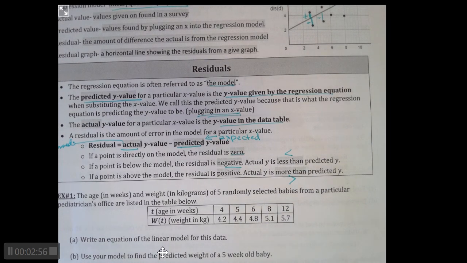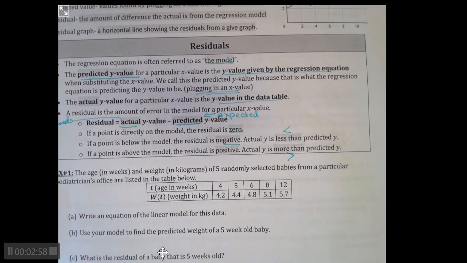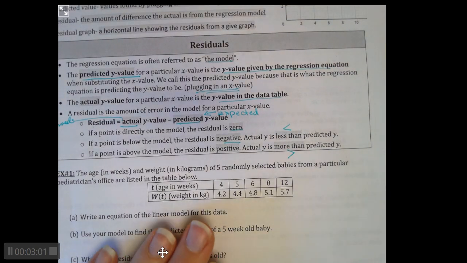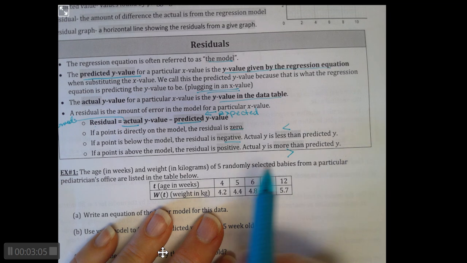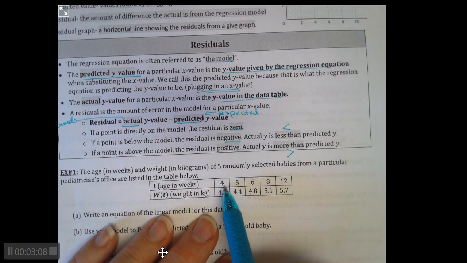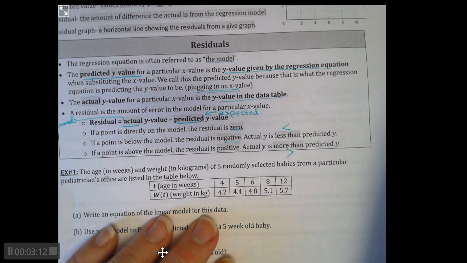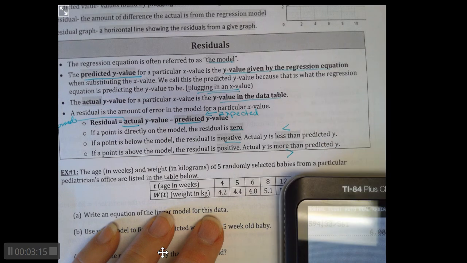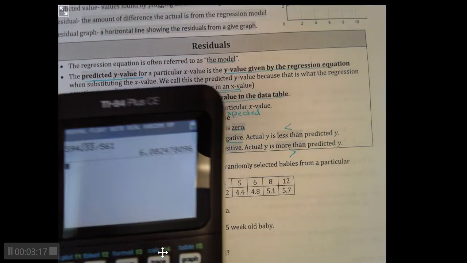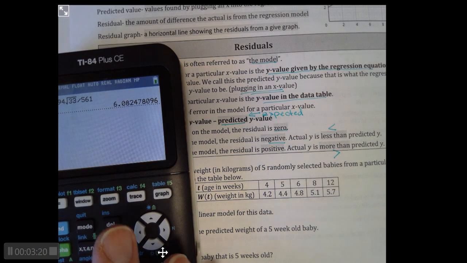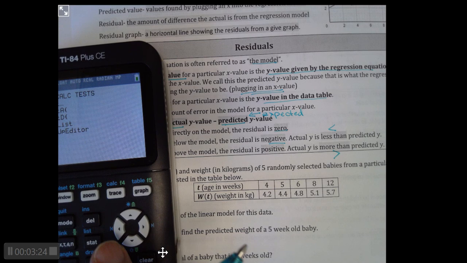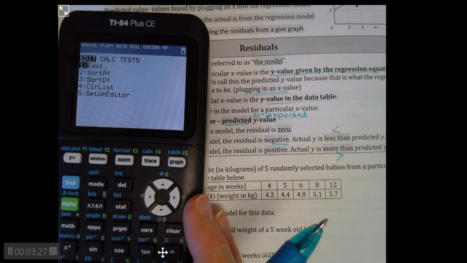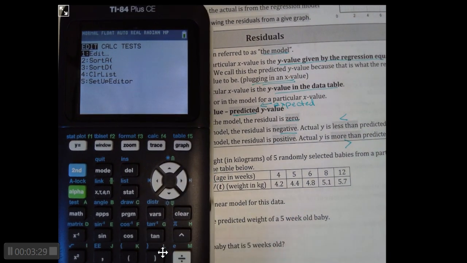Now the next thing we're going to do is look at this first example. In our first example, we have a table given to us, and this is 5 babies randomly selected from a pediatrician's office. We have a 4-week-old, 5-week-old, 6, 8, and 12-week-old. And what we're going to do is plug this information into our calculator. Now, what does it look like to plug it into the calculator? Well, you go to Stat, and let me see if I can get this a little bit better view so you can see what I'm doing.